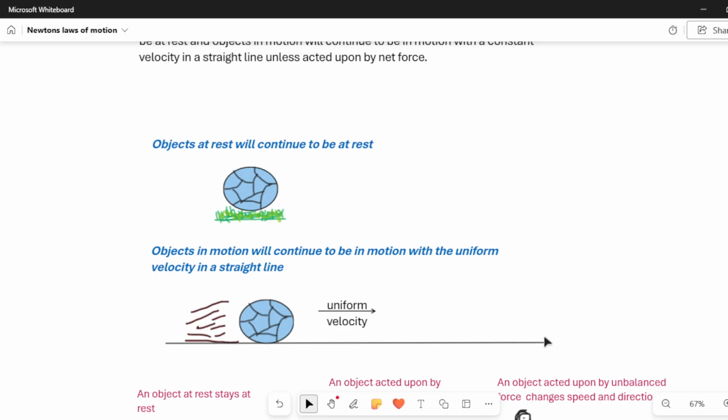So this seems to contradict what Newton is telling. So how do we achieve Newton's ideal scenario, where the object will continue to be in motion with the same uniform velocity in a straight line?